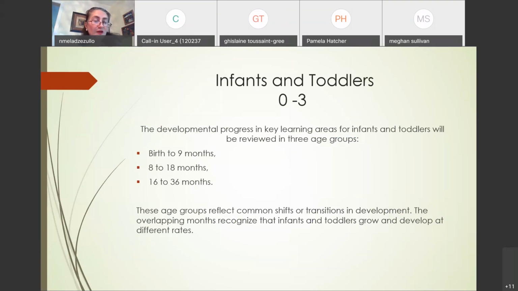I also wanted to make you aware that all these developmental domains are interlocking and interacting. One developmental domain will not happen in a child's life without the other, or the other way around. For example, if a child is 9 months old and his vision is sharpened, what does it mean?